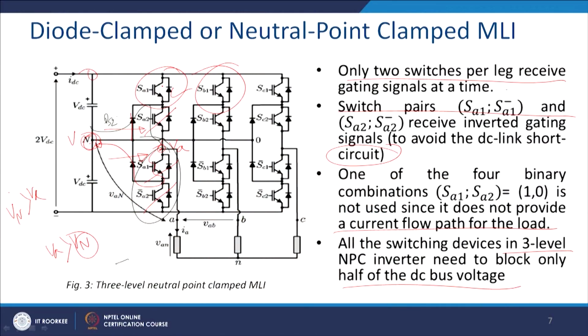if you use an IGBT rating of VDC, then the cost was 4 times higher. So, if the IGBT price at VDC by 2 is x, then the cost of one leg is 4x.